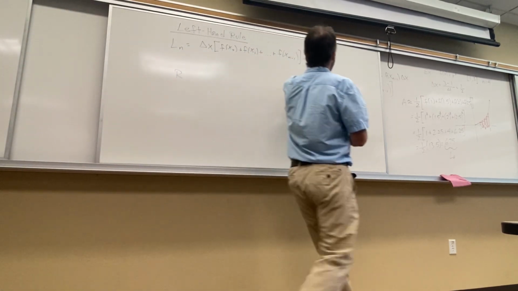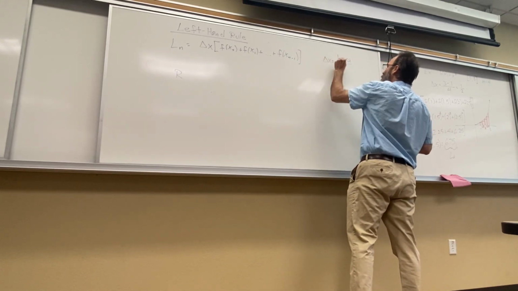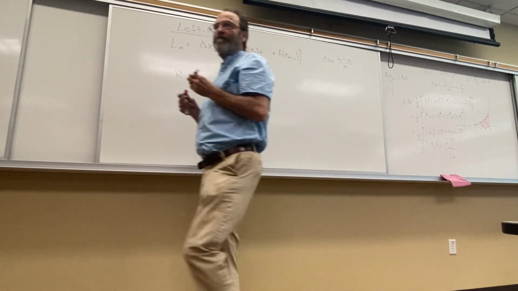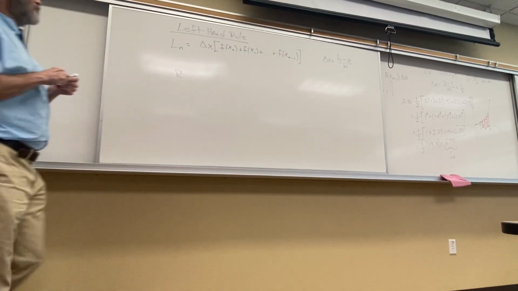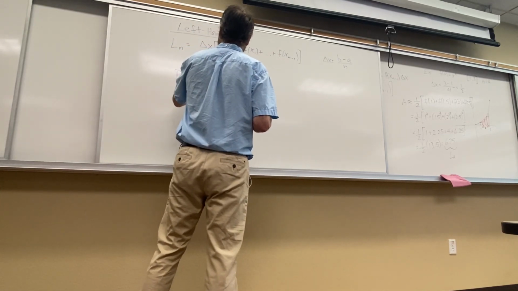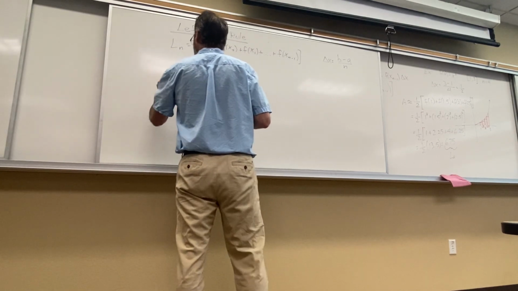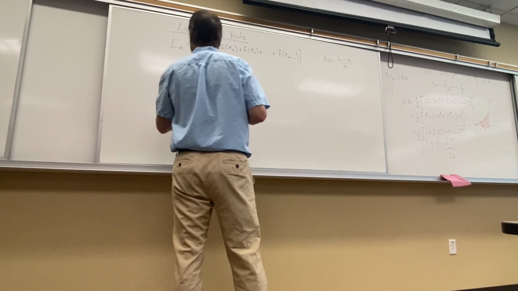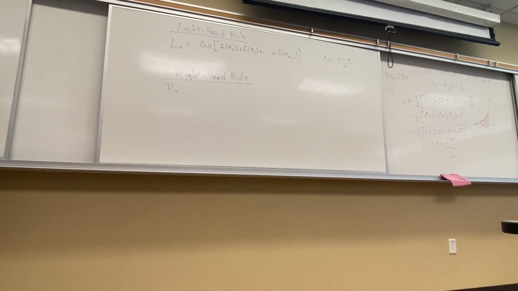Oh, and delta x is b minus a over n. We also want the right-hand rule, which is R sub n, and let's see how this changes things.